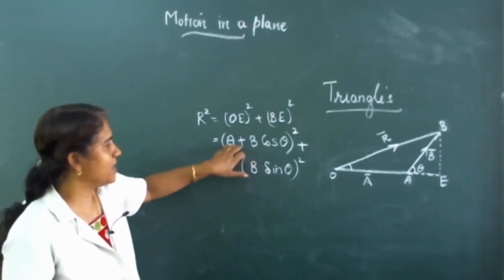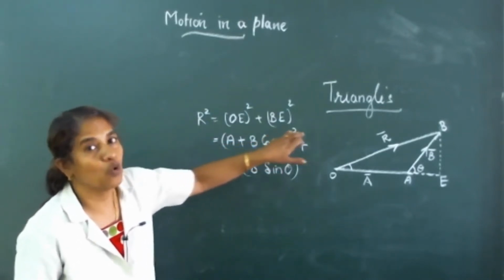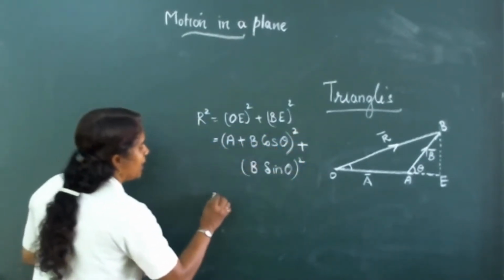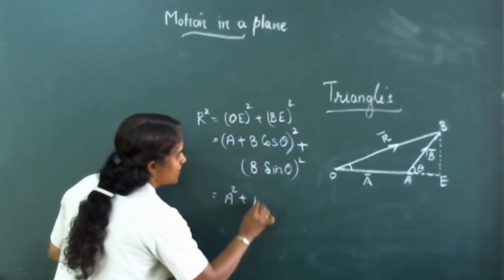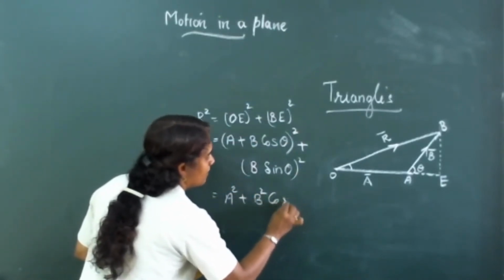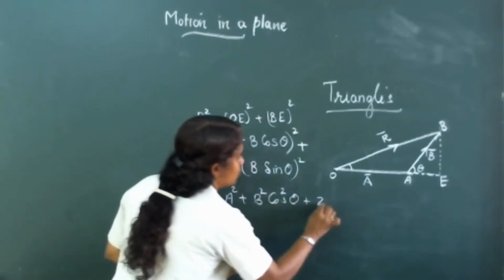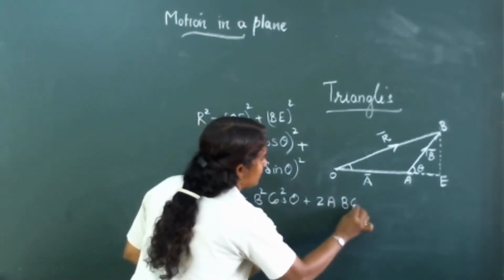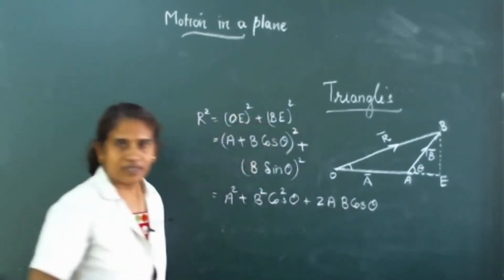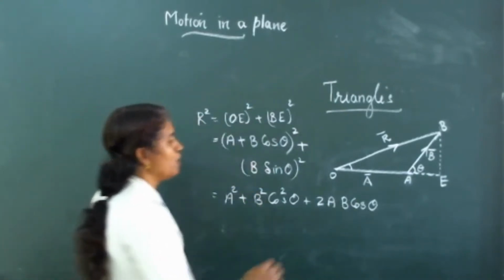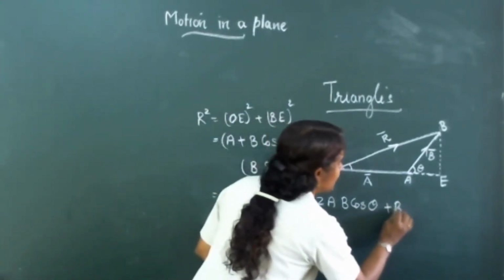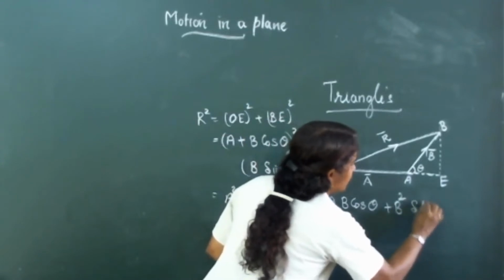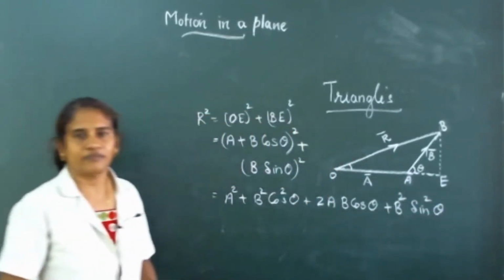Now, open the bracket, it is of the form A plus B the whole square. So it will be A square plus B square plus 2AB. Correct? The second one also, B sin theta square, that means B square sin square theta.